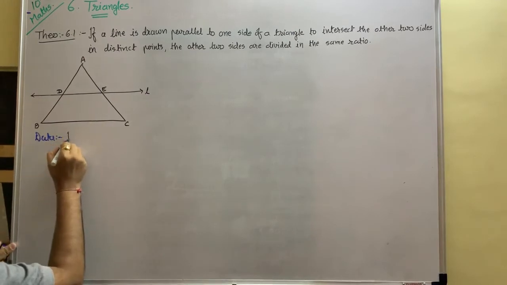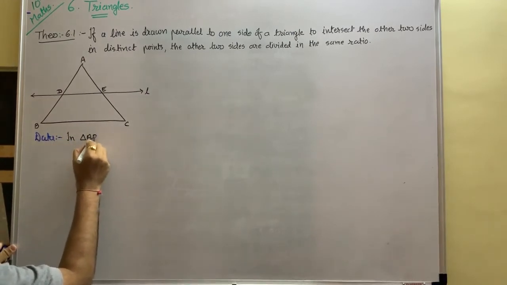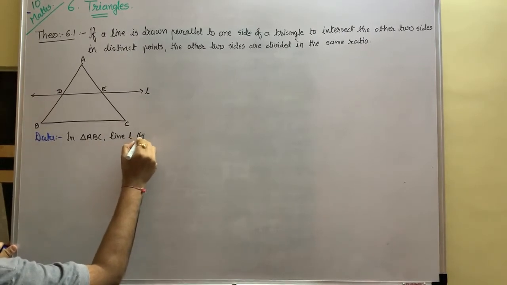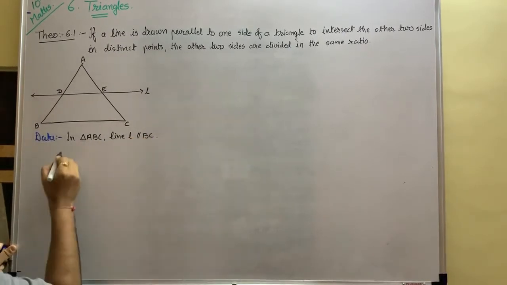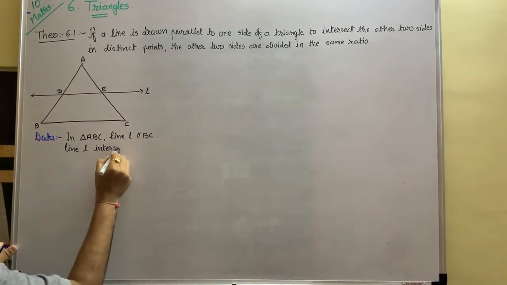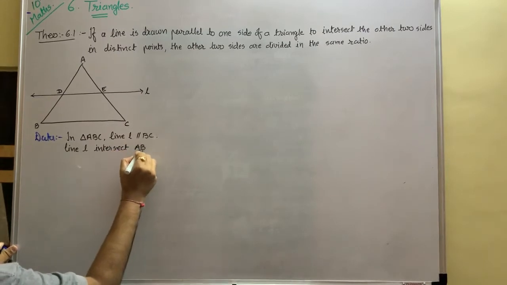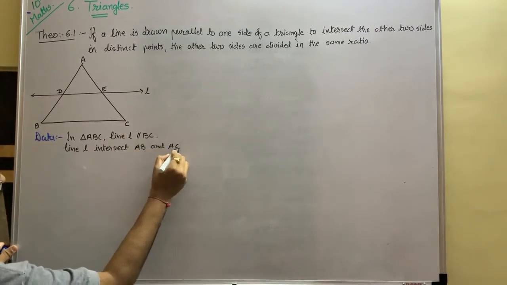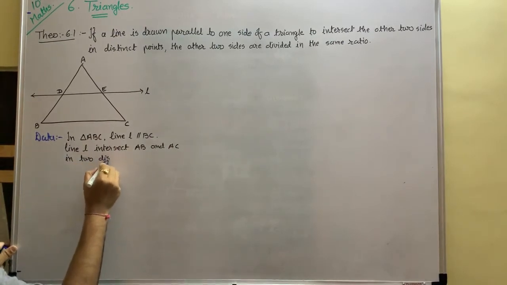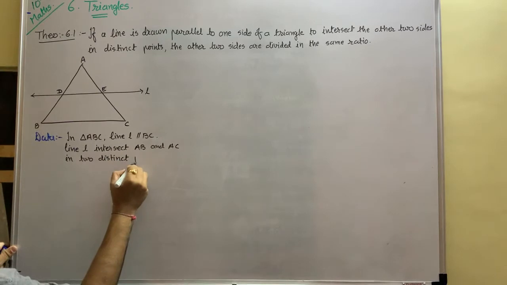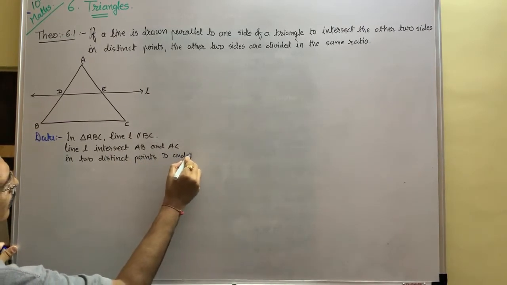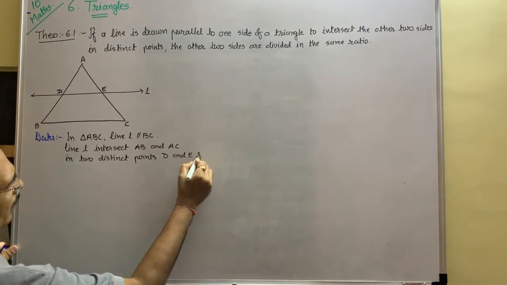In triangle ABC, line L is parallel to BC. Line L intersects AB and AC in two distinct points D and E respectively.